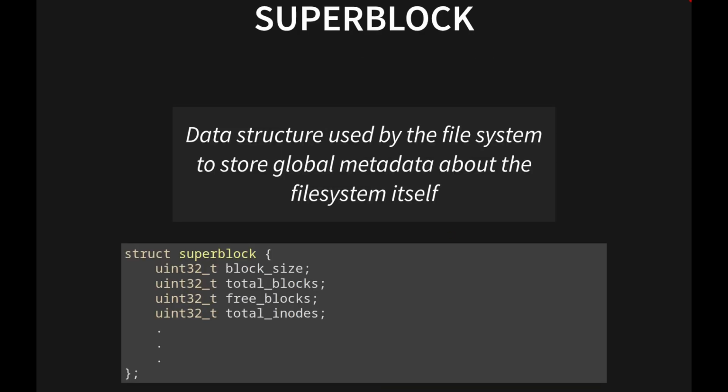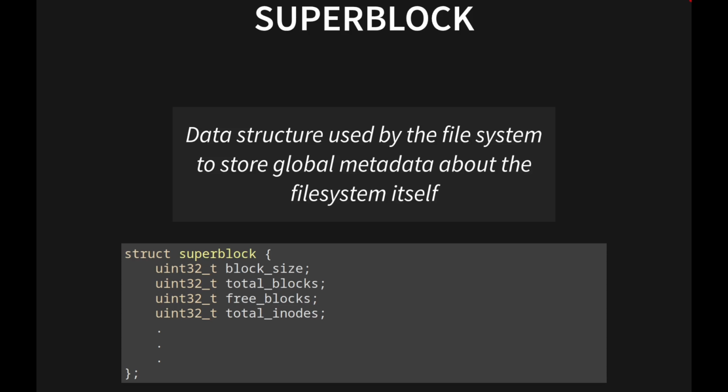Now, when we talk about Superblocks, as I just mentioned, they keep the global metadata about the file system itself. What do we mean by this? Think of this code block that I've put here. It's quite simplified and doesn't cover every single thing that a Superblock must contain, but usually it contains, for example, the block size.